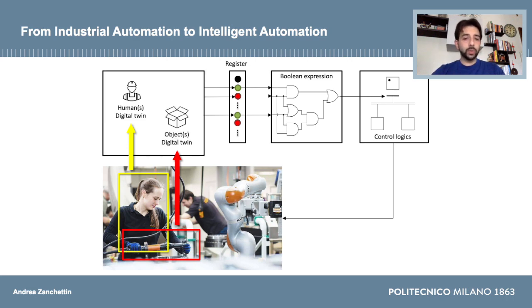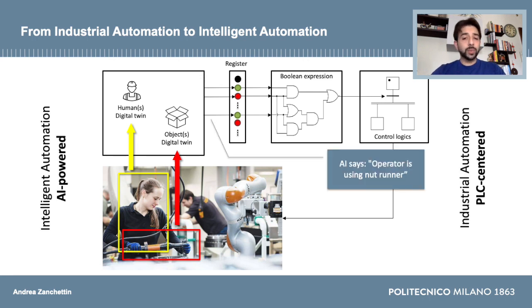We can feed an artificial intelligence algorithm to understand what's going on within the scene, based on a human digital twin and an object digital twin. By relating the two, we can understand what's going on in this picture, and in particular we can associate the kind of action that the human operator is performing.